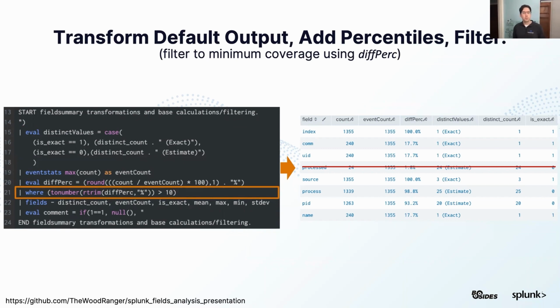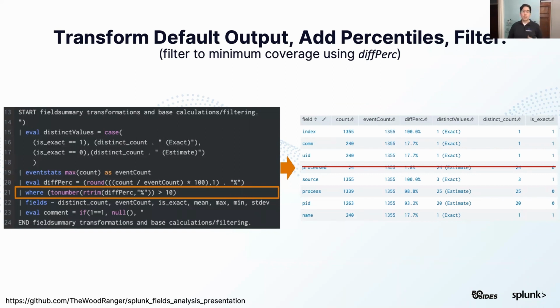Next, we filter to only fields that exist in greater than 10% of the data. Now, I wrote this way to show you how you can utilize a trim function, either right or left trim, to filter or manipulate or work with values that have strings already attached to them, such as percentages or dollar amounts.